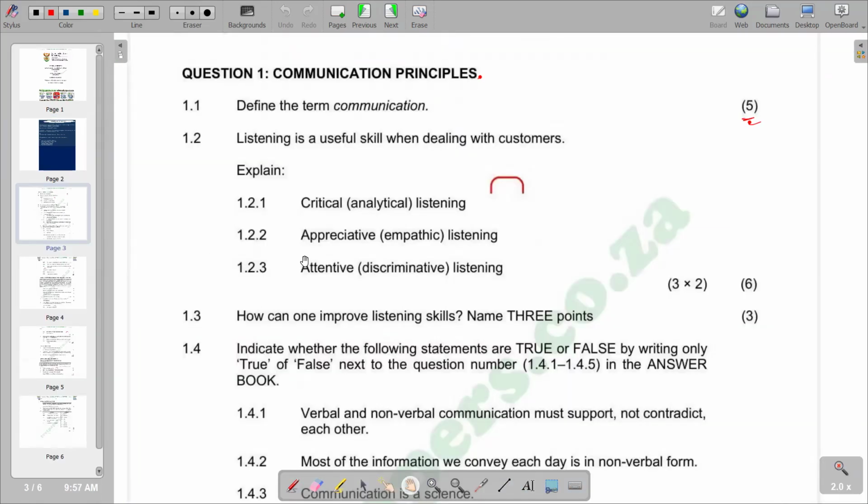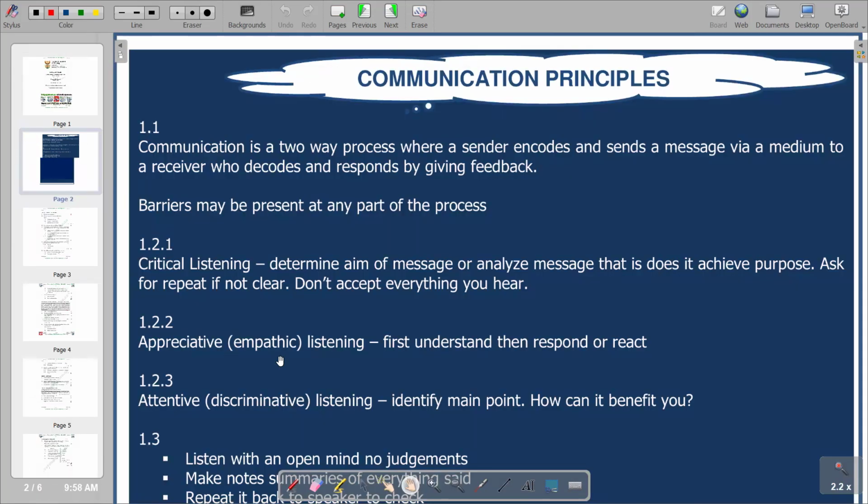Then I will move on to appreciative or empathic listening. Empathic listening is listening to understand another person's perspective. So you are understanding the side of the story of the sender of the information. The description we have here is: you first understand, then respond and/or react. That is empathic listening.